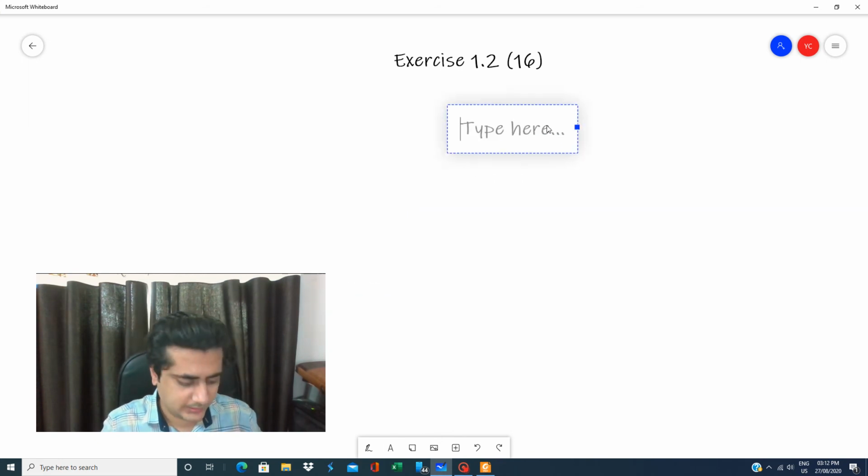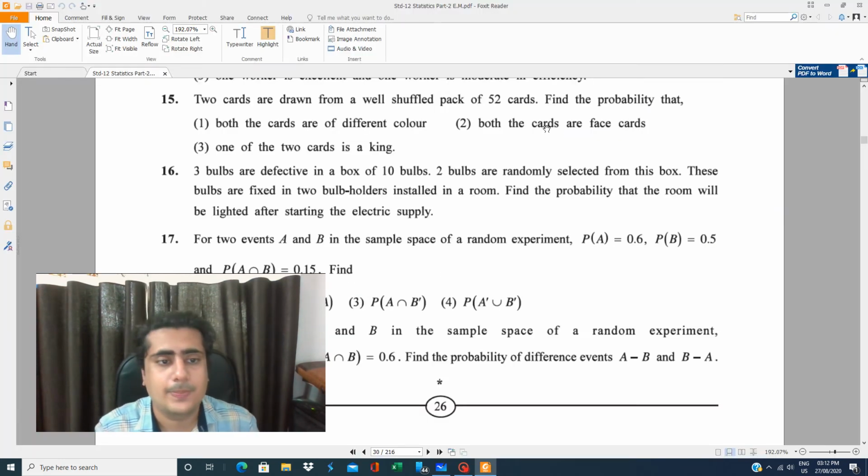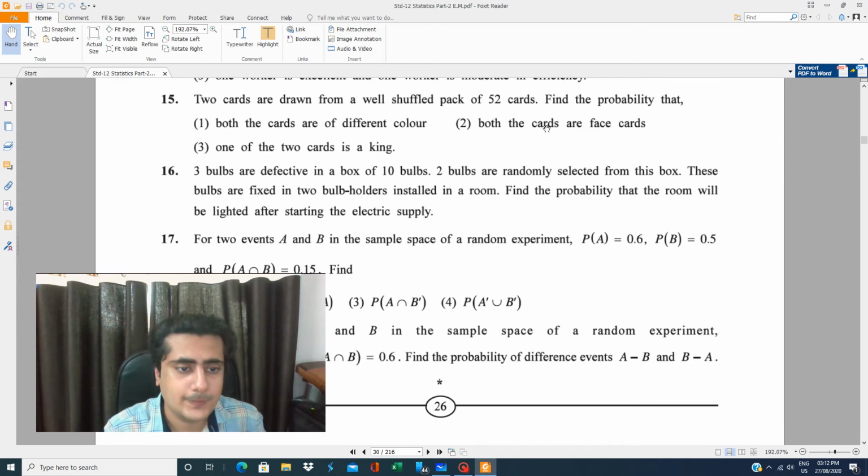Now, what is in the question? Let us see. Three bulbs are defective in a box of 10 bulbs. Two bulbs are randomly selected from this box. These bulbs are fixed in a two bulb holder installed in the room. Find the probability that room will be lighted after starting the electric supply.